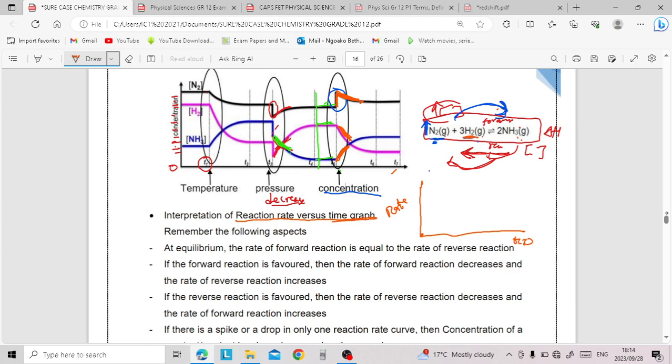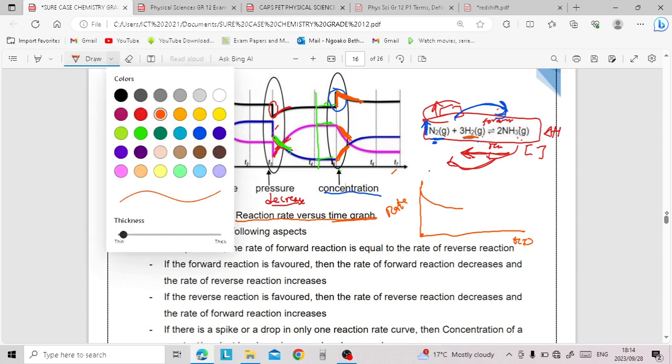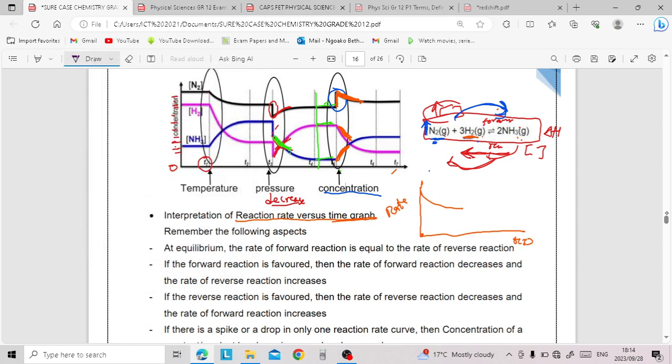The reaction will show a high rate at first, and then the rate goes down until they reach equilibrium. The reverse one starts from 0 because there are no products yet, and then it rises.